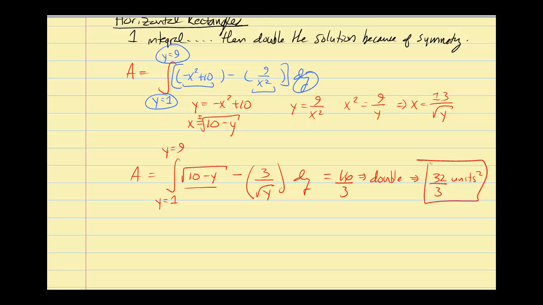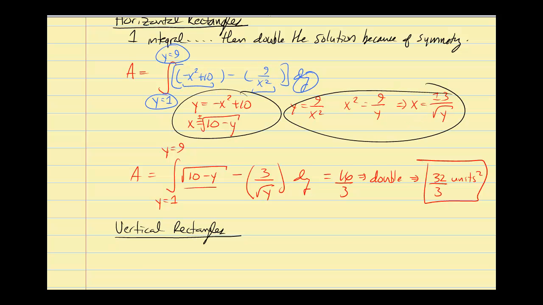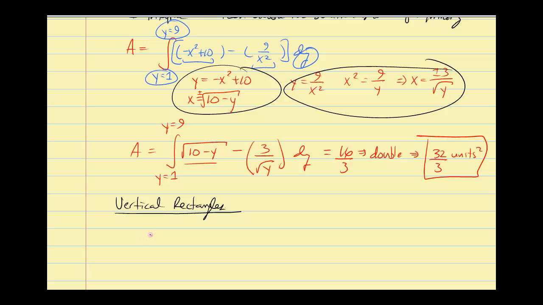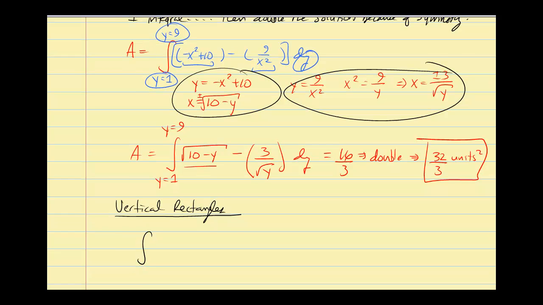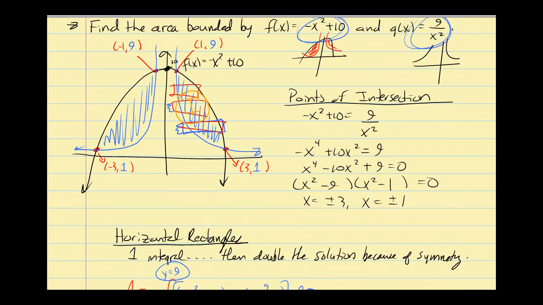I can also do the same problem using vertical rectangles. Vertical rectangles are easier because I don't have to go through and solve like I did up here for these values. So for vertical rectangles, again I'm going to find one integral and double it.